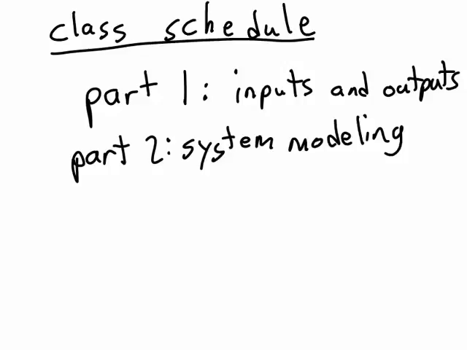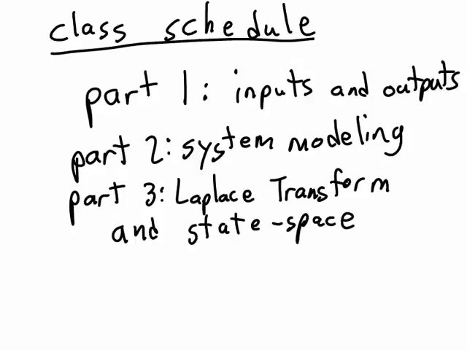That will then lead into part 2 of the class, in which we'll learn how to develop the models for different kinds of systems, including mechanical systems, electrical systems, and complete electromechanical systems. Finally, in part 3 of the class, we'll look more in depth at this Laplace transform operation and a little bit at something else called state space modeling.